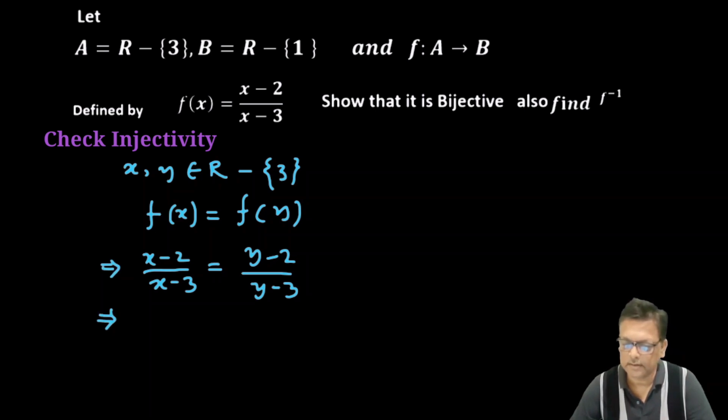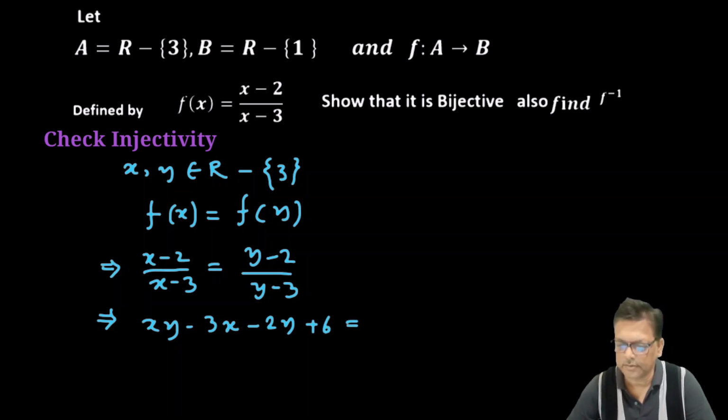which implies that xy minus 3x minus 2y plus 6 equals, again, xy minus 3y minus 2x plus 6.